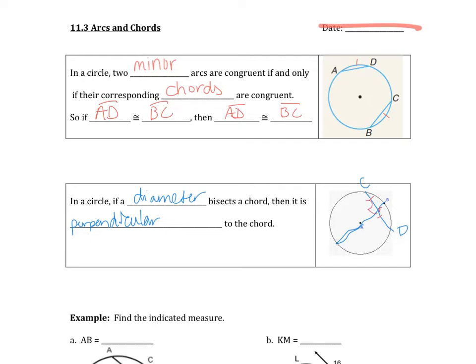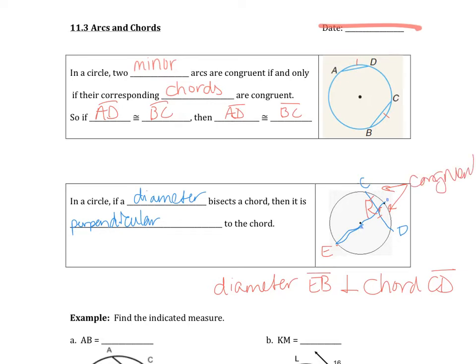Label this point R. I know that this then is perpendicular, so I could say diameter, I'll label this E, B is perpendicular to chord CD. And again, that's because of my congruent markings. So two congruent parts of the chord through that diameter.